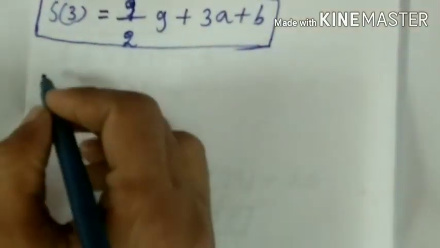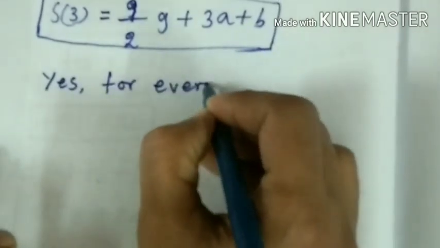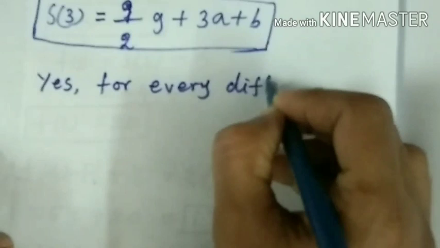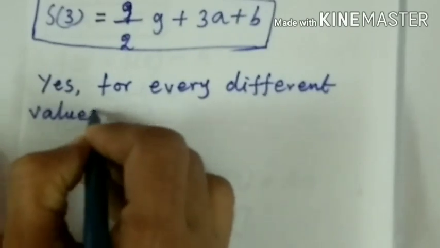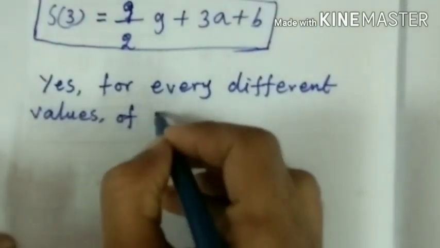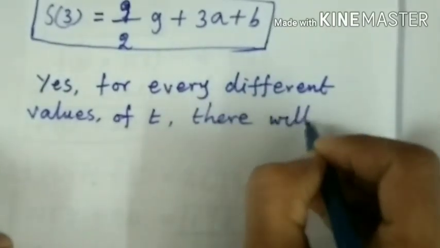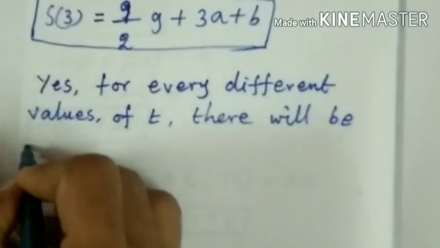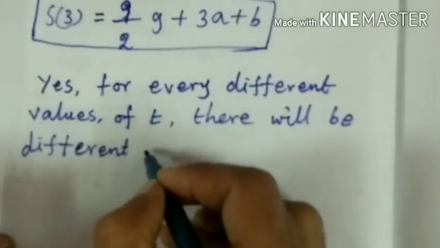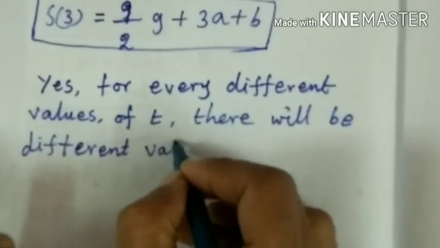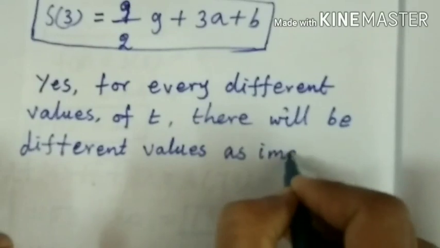In reason, yes, for every different value of t, there will be different values as images.